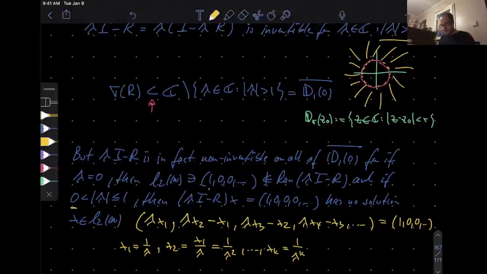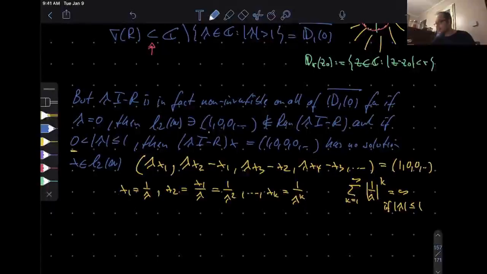And it is not summable if the modulus of lambda is less than or equal to 1, because then 1 over lambda is greater than or equal to 1 in complex modulus, right? And after all, this series, the sum of 1 over lambda to the k, is divergent if lambda is inside the disk. So that's why this has no solution, no square summable solution.